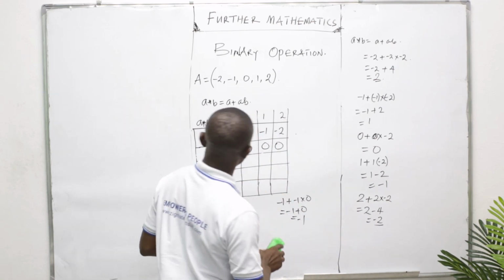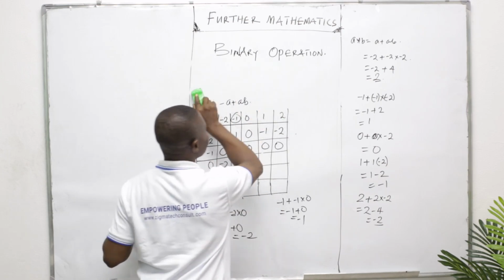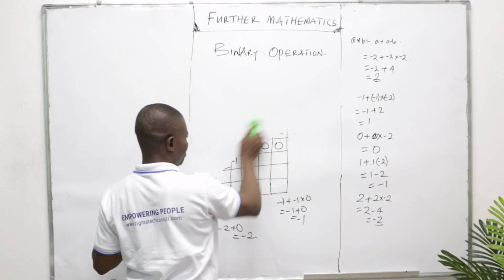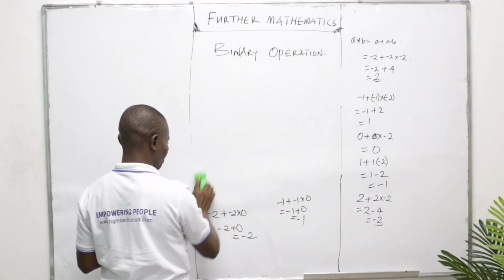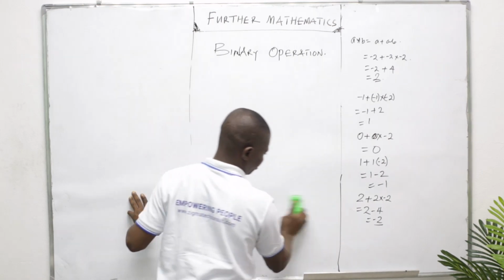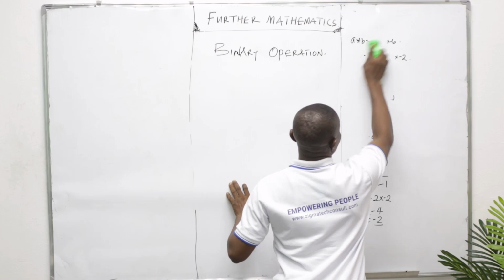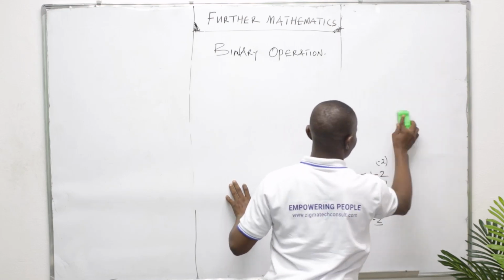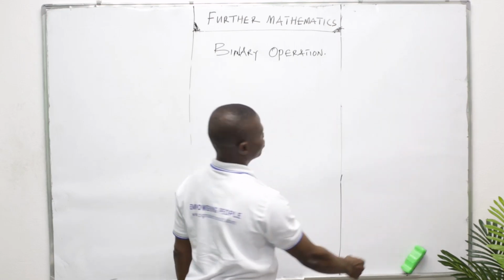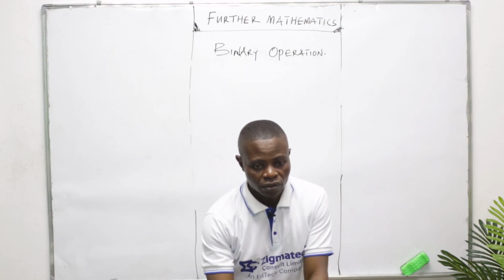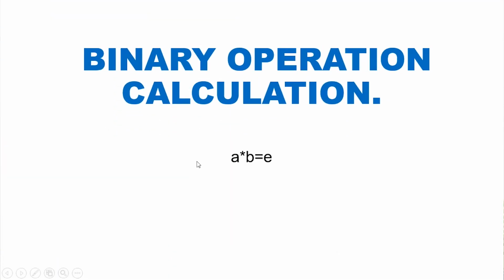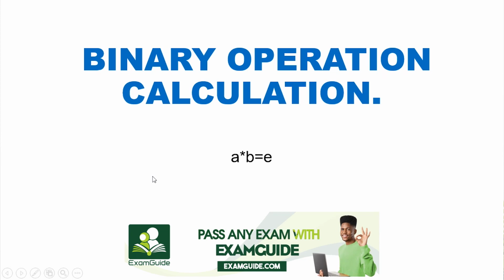Okay, now let us take a look at another thing under this topic. Binary operation calculation. Now I want to consider the identity element.